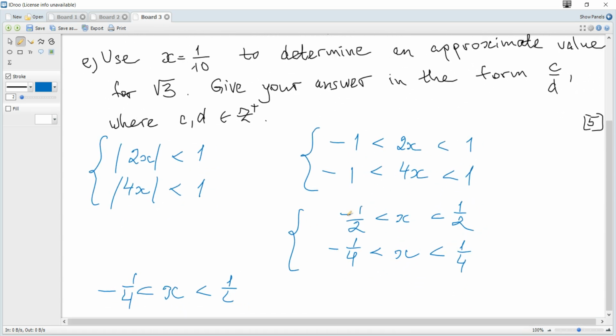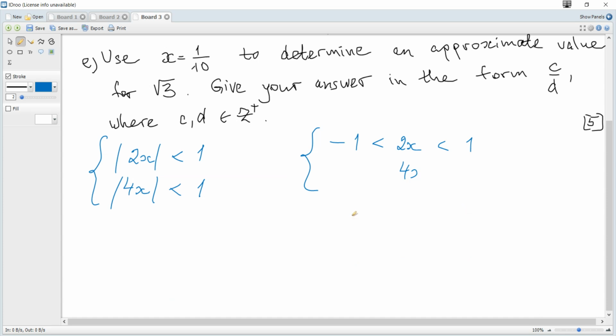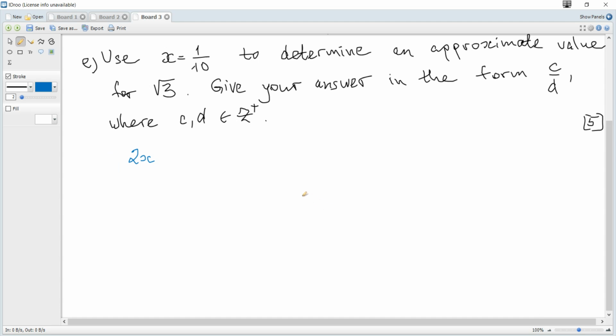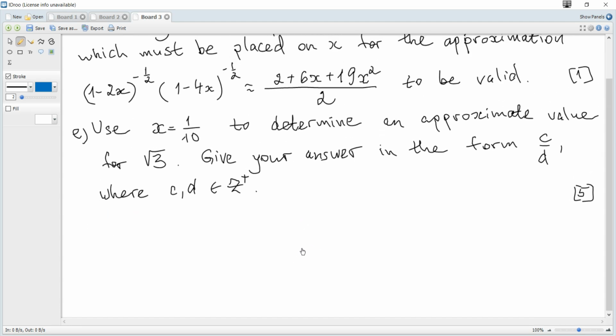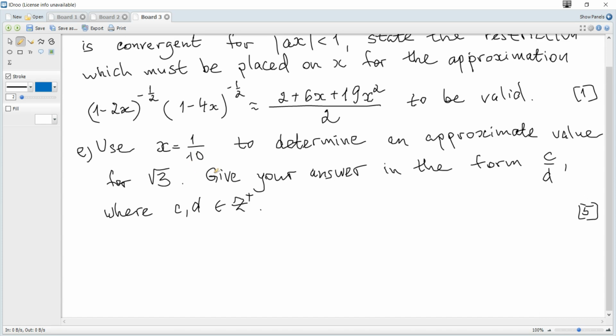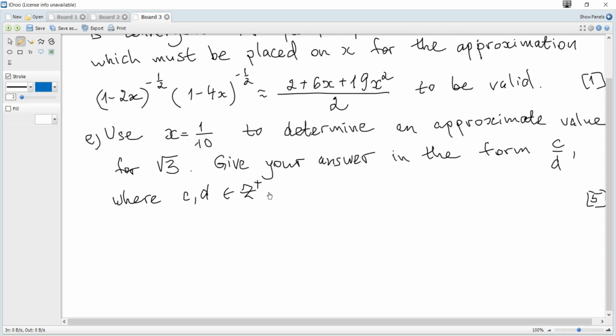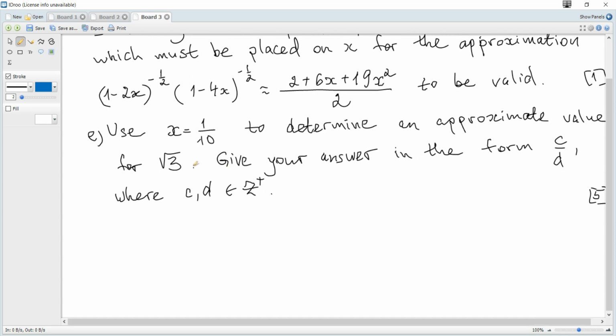E. Use x is 1 over 10 to determine an approximate value for root 3. Give your answer in the form C over D, where C and D are positive integers. Since it is given that we should consider x to be 1 over 10, let's substitute 1 over 10 for x.